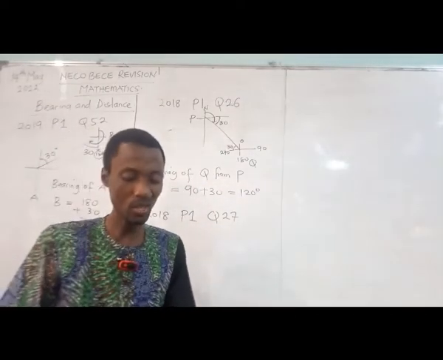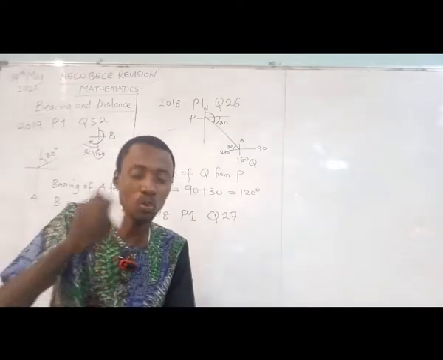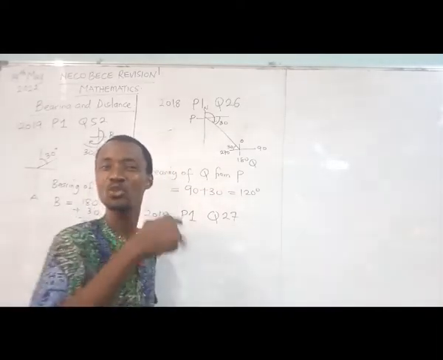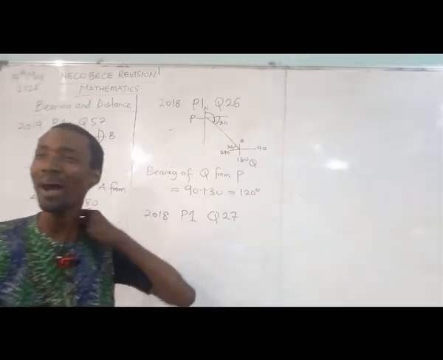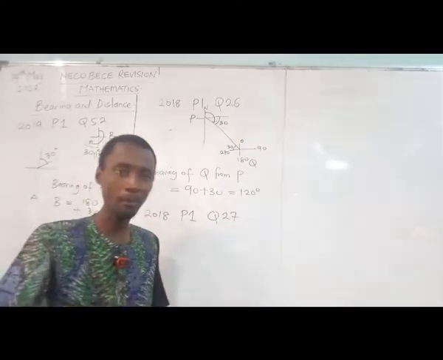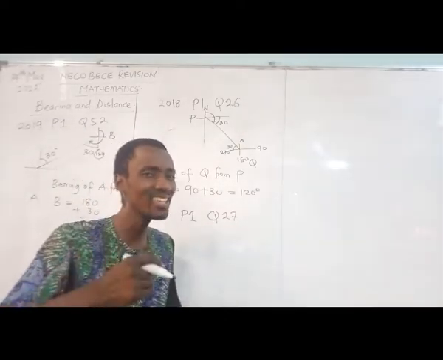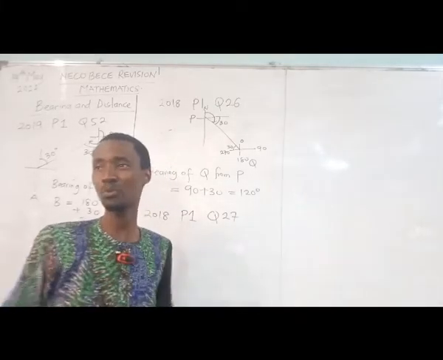See what the question says. Convert the surveyor bearing of 145 degrees to compass bearing. Every 2 years, they set that question. So what do you need to do now? You need to go back and revise this one. Because it's not just for us to solve. I'm also trying to take you through patterns. There are patterns. Success is predictable.